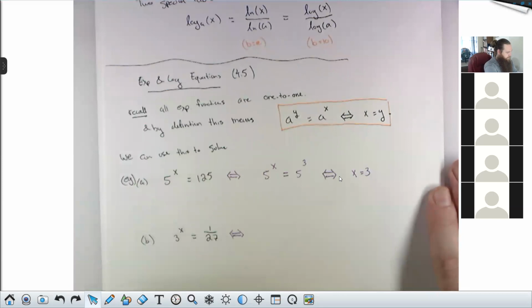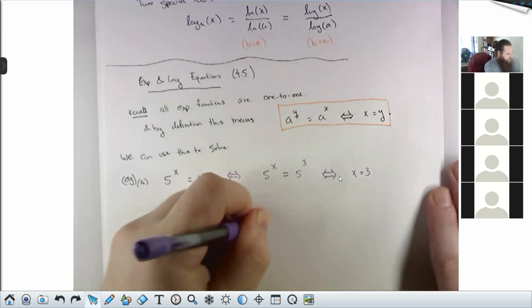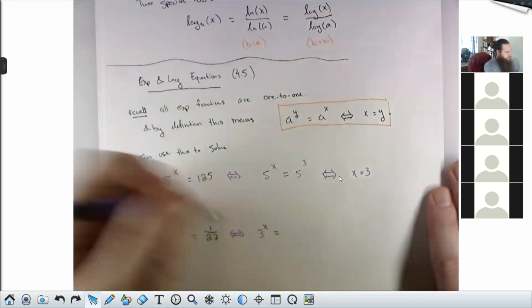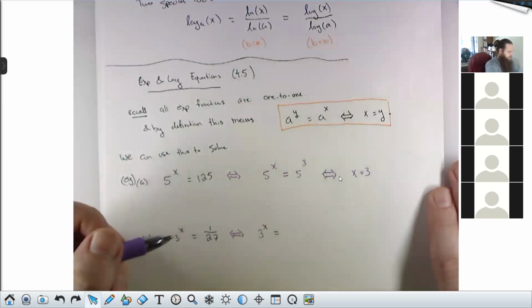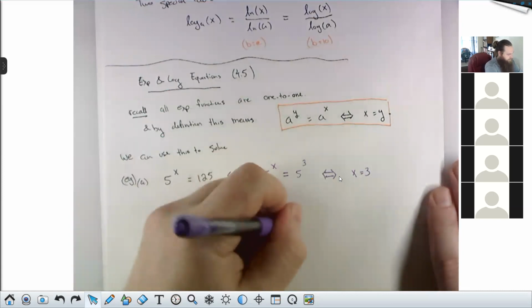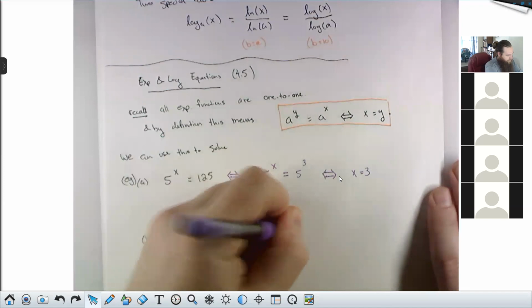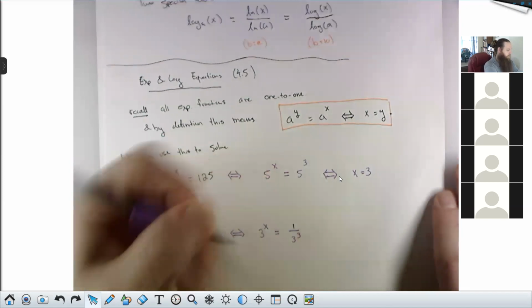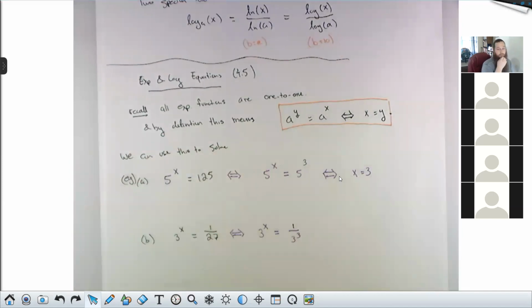So here I'll go through a few steps. 3 to the x equals 1 over 27. Well, I know that 27 is 3 cubed. So this is 1 over 3 cubed. The 3 to the x just stays 3 to the x. 1 over stays 1 over. But downstairs, I'm trying to rewrite 27 as a power of 3 because the base over here is 3.